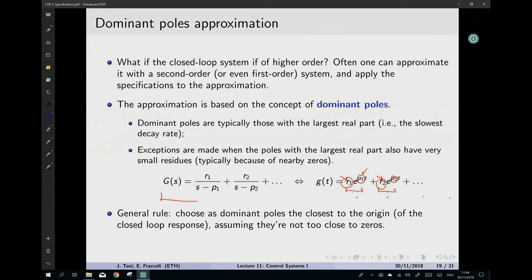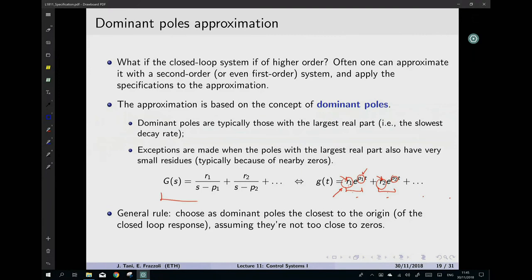There's an exception to this when the zeros are very close to the poles, because if you remember, when a zero is very close to a pole, that affects the residual. So while we might have some terms that decay very slowly, if their residual is very tiny, the effect of that term wouldn't be significant, because the residual, the weight of that term, is very small.